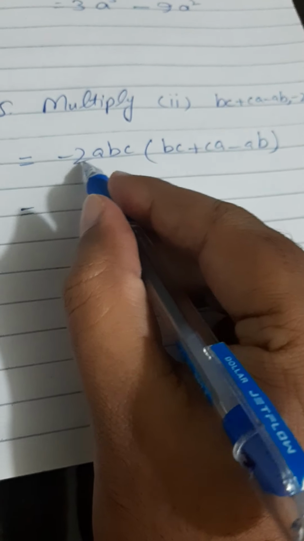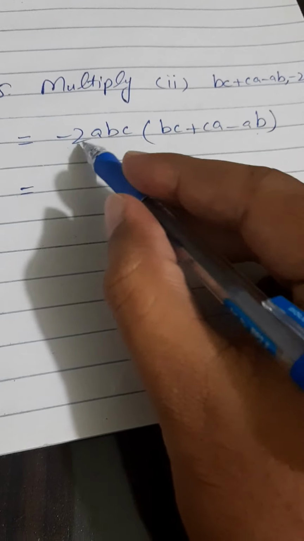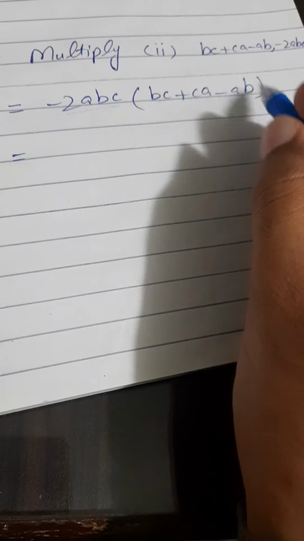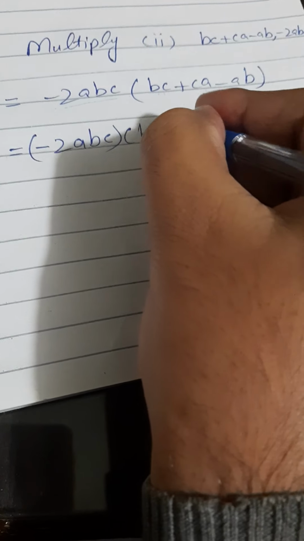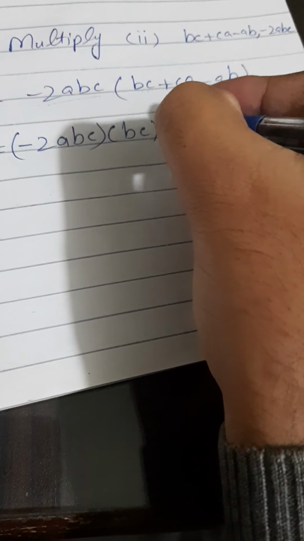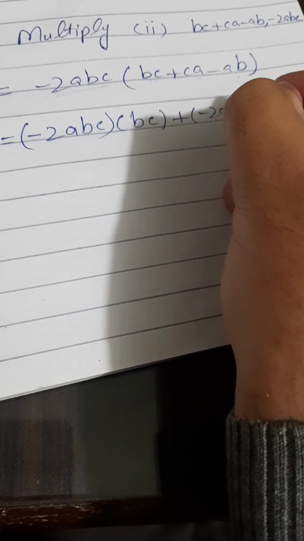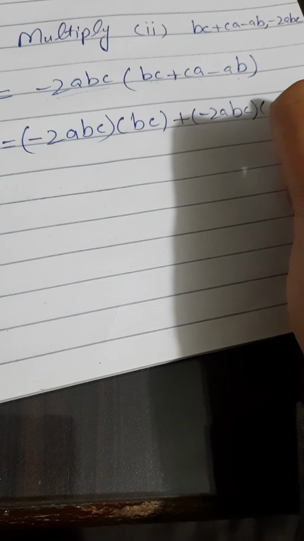So there is minus 2ABC, BC plus CA minus AB, meaning we have to multiply this number with all terms, all three terms. So first we multiply minus 2ABC with BC, then use same sign, again minus 2ABC multiply with CA.